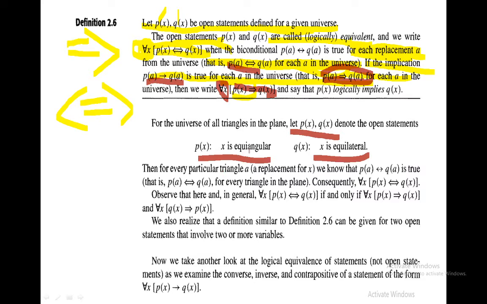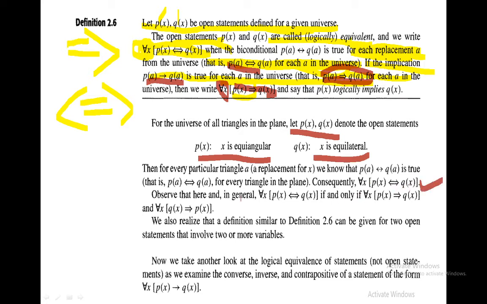So when it is equiangular, it can be equilateral also. When it is equilateral, it is going to be equiangular also. So for every particular triangle a, that is replacement, p of a biconditional with q of a is true. Consequently, for all x, p of x is logically equivalent to q of x.